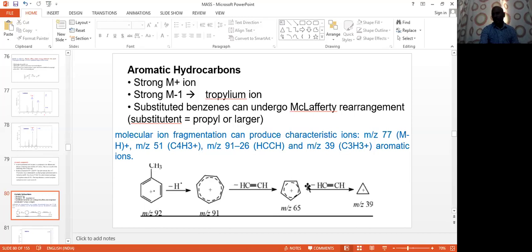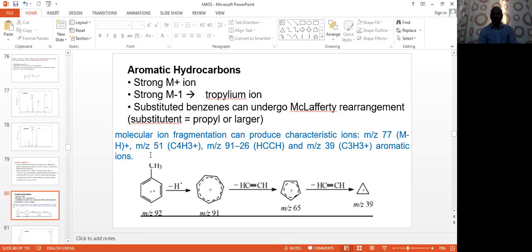From this, acetylene is removed again, giving M by Z value 39, which is the cyclopropenyl fragment ion. This is how the fragmentation takes place in substituted benzene.